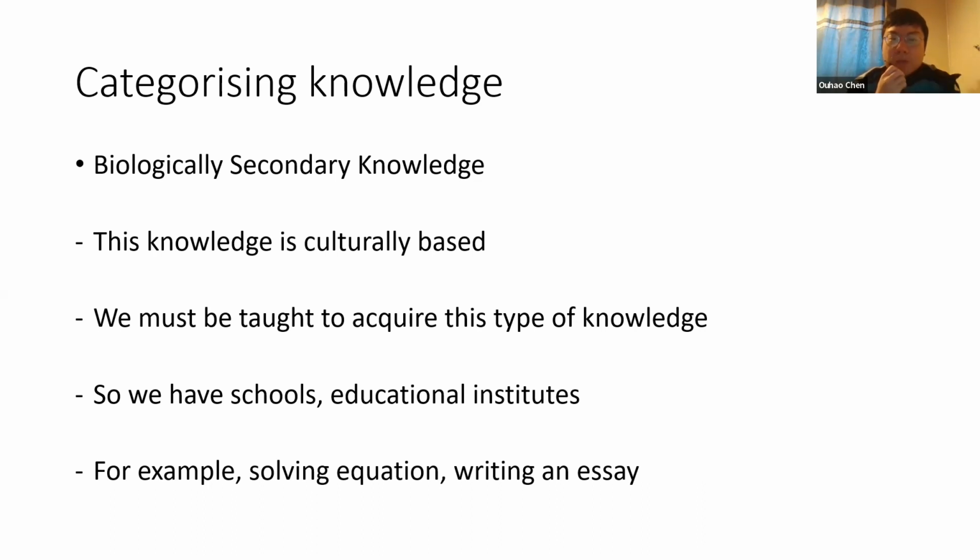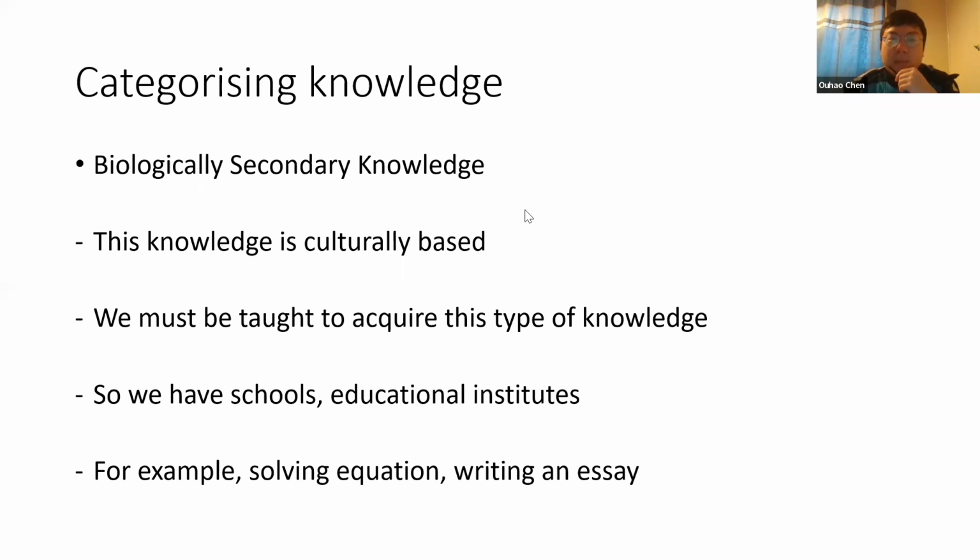But of course, once you have acquired the knowledge, you can apply it outside of the classroom. We can practice the knowledge in society, but biological secondary knowledge, as I summarized before, is all of the knowledge we need to teach in the schools. So this is a very important summary.